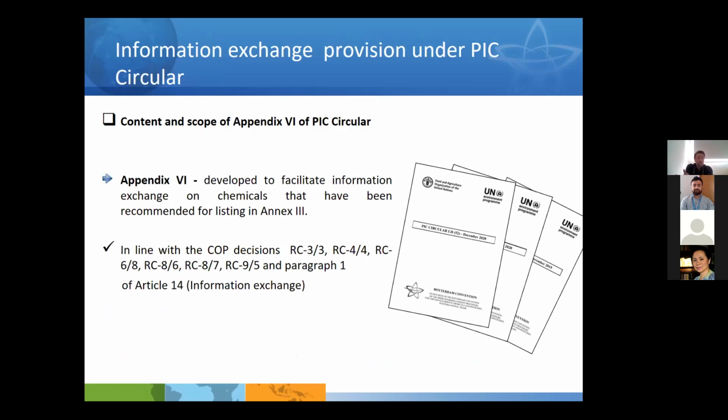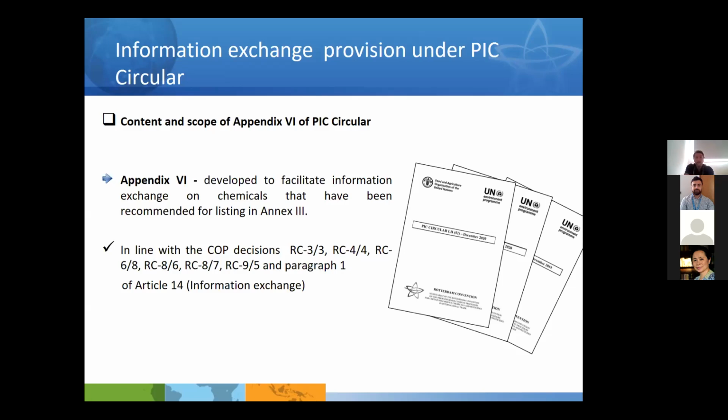To remind you, the PIC Circular is the key implementation document of the Rotterdam Convention, both for the operation of the PIC procedure and as a main mechanism for exchange of information on hazardous chemicals in line and within the scope of the Convention. We are publishing it biannually, twice a year, every 12th of June and 12th of December.